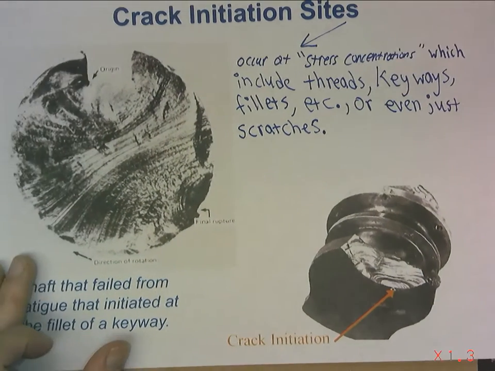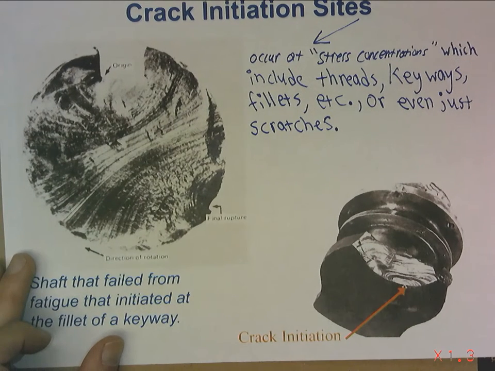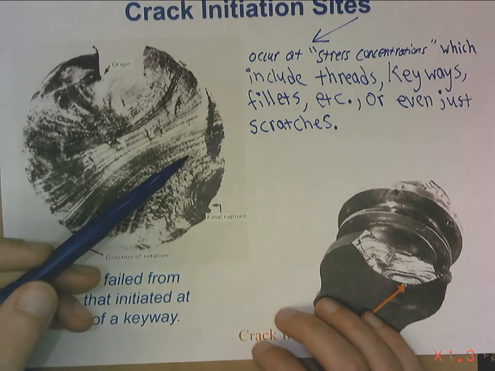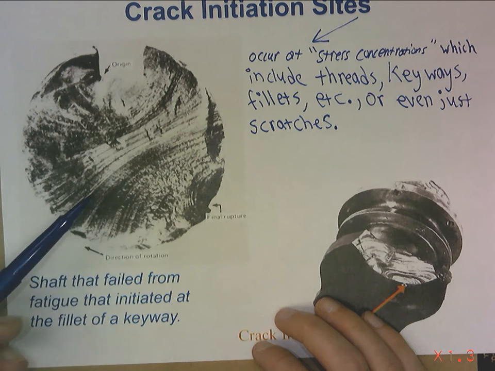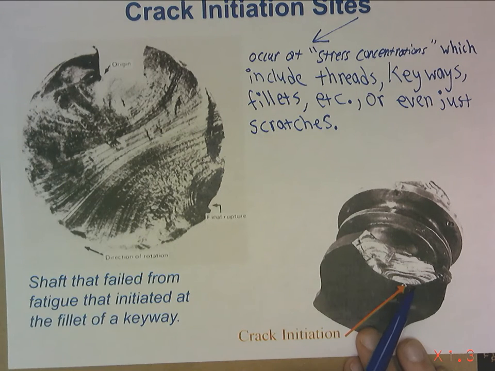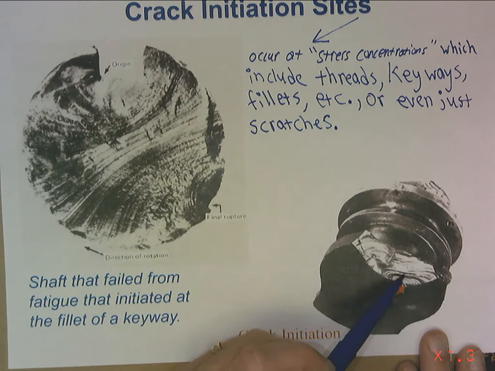So here we've continued to see surfaces of fatigue failures. We'll continue to see this pattern of lines, which is actually patterns of crack growth. Even here, where we're kind of moving at a different angle through this portion of a shaft, there's this line pattern that goes back and forth.